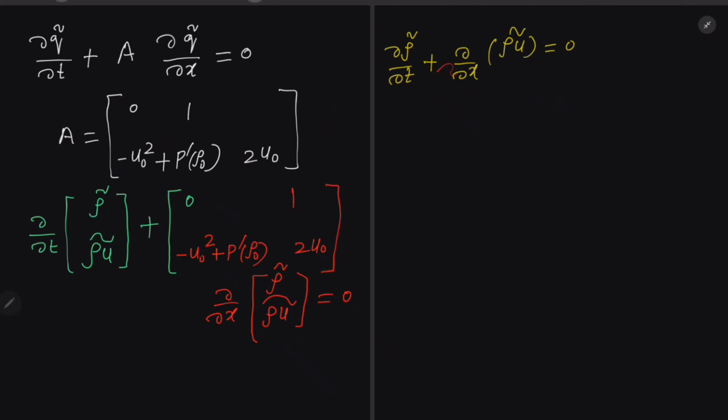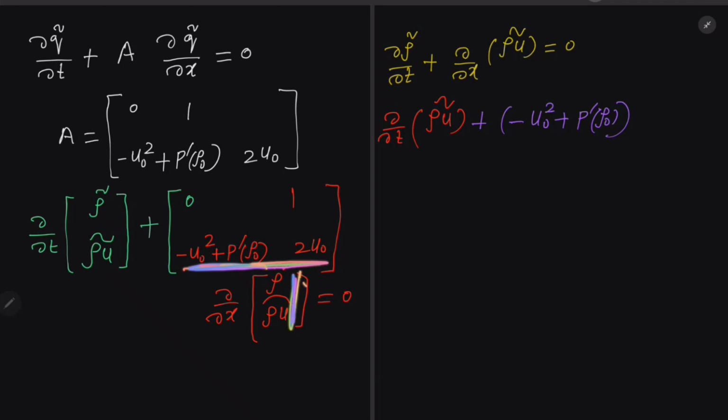So we get the second equation, partial by partial t of rho u tilde, plus minus u naught square plus p dash rho naught, since we have to multiply this row with the column, so we get partial rho tilde by partial x.